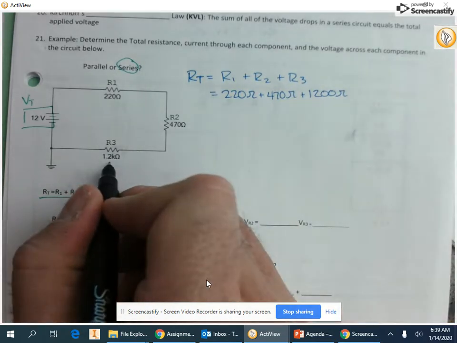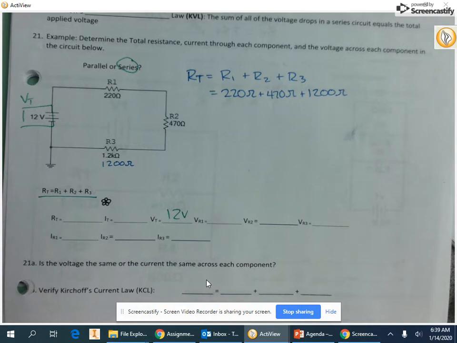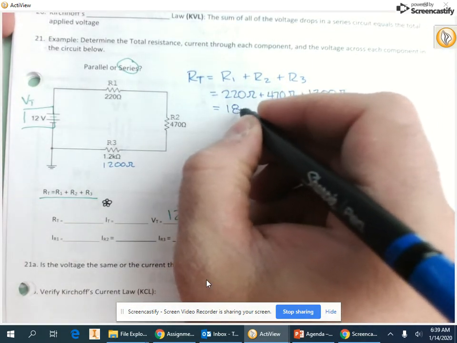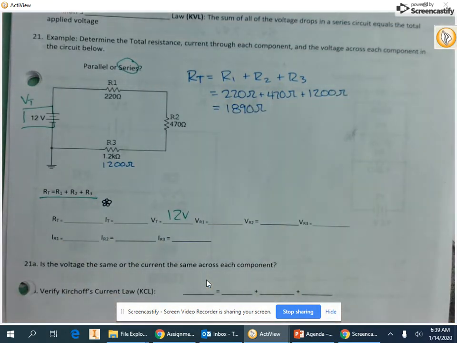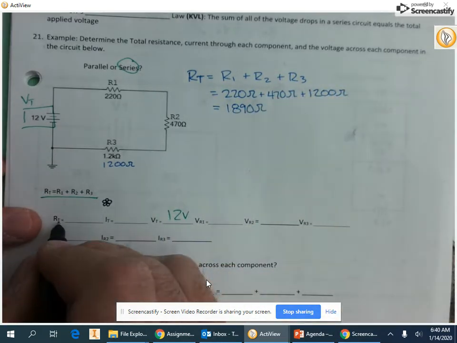Keep that in mind, that's 1200 ohms because of the K. When you add those together, you get 1890 ohms, which is our total resistance.